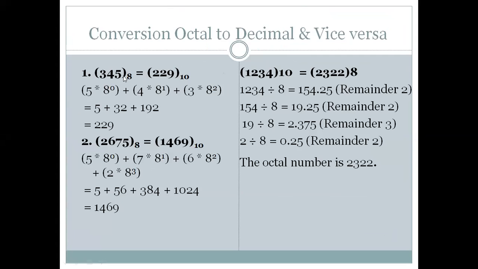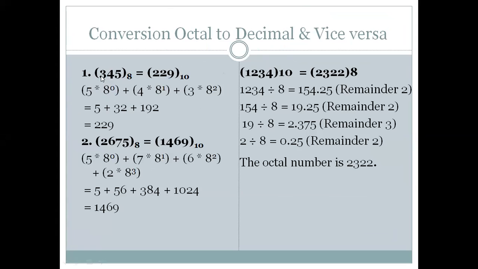Now binary to decimal. So this is an octal number. We have to convert it to decimal. To convert any number to decimal, we have to multiply with the base of the number system. That means if we convert octal to decimal, we take the base of the octal system.